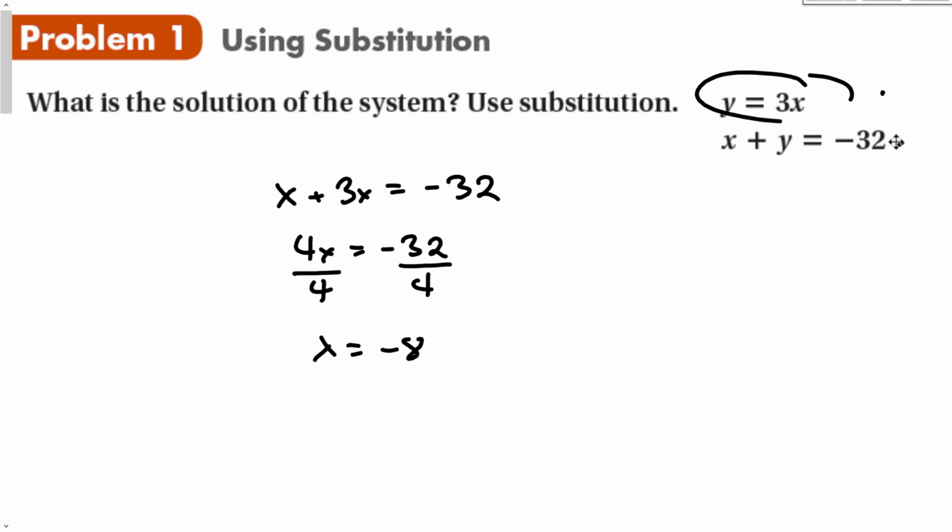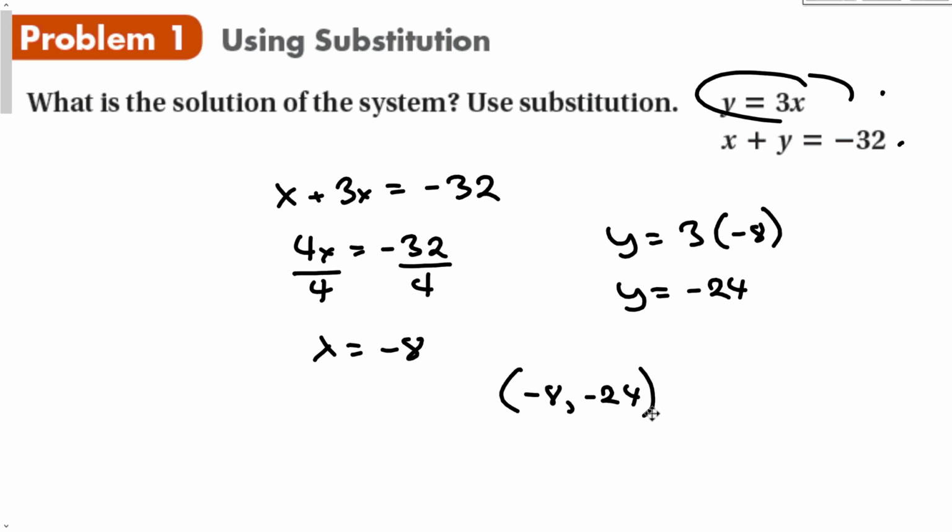So now that I have x, I can plug x back into either equation, but the top one happens to be a little simpler. y is equal to 3 times x, which is negative 8, so y is equal to negative 24. Which means the point at which these two lines intersect is x comma y, negative 8 comma negative 24.